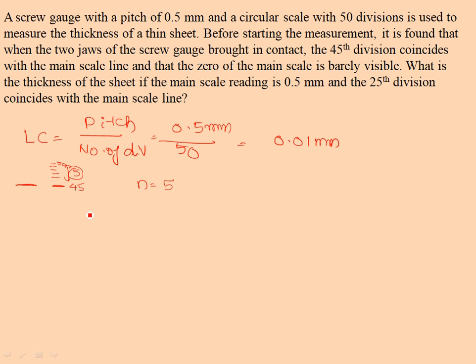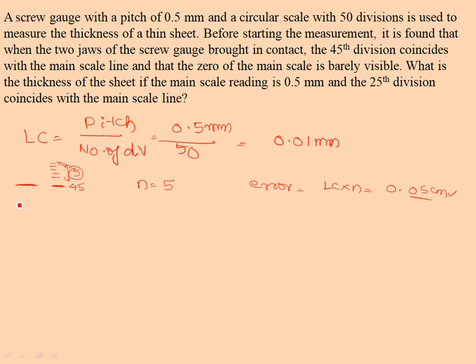When there is no object, we have 5 lines above, so the error is a negative error. Least count into n will be 0.05 mm, that is the negative error.